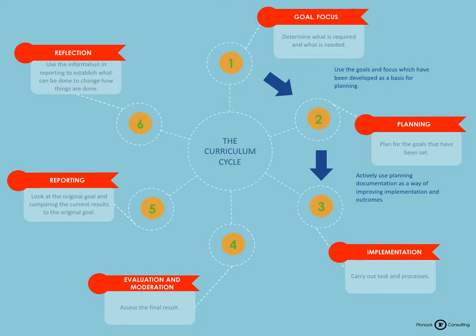Then the next arrow is the link between 3 and 4, between implementation and evaluation and moderation. This is a very, very important link. We need to make sure we're using ongoing observation and assessment to change the way things are done. We cannot just do things in the classroom, or in the school, all the time and not reflect on the final result.